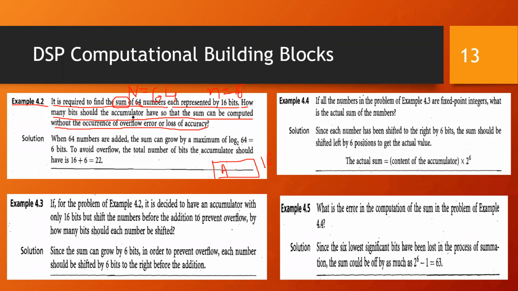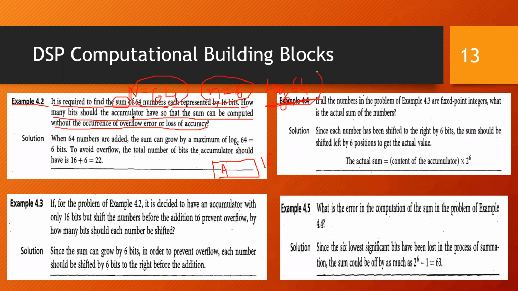If I add these 64 numbers, which are 16 bits each, it would generate an excess of log 64 to the base 2, that is log of capital N to the base 2. So these many extra bits can be produced by the summation of all these 64 numbers, which are 16 bits each.